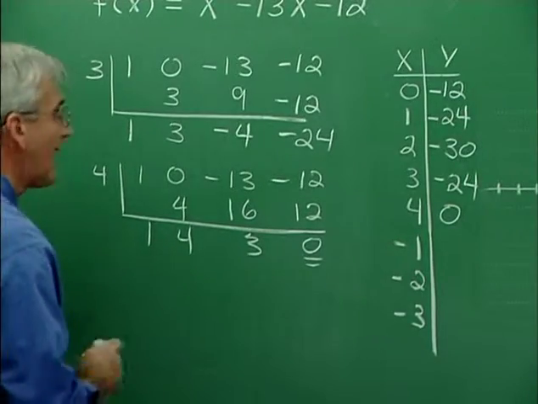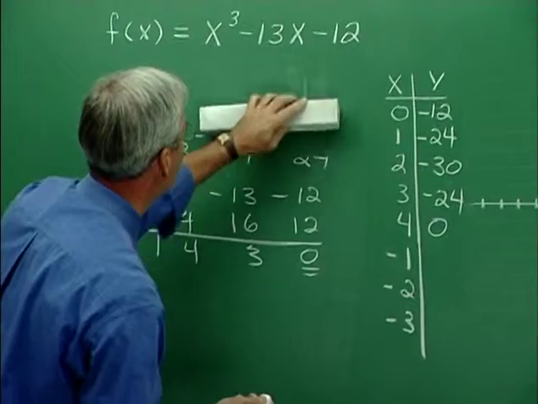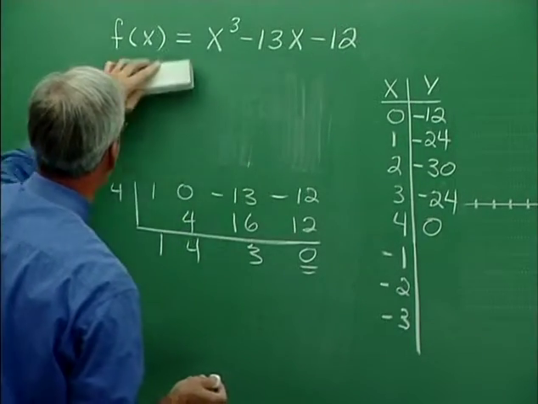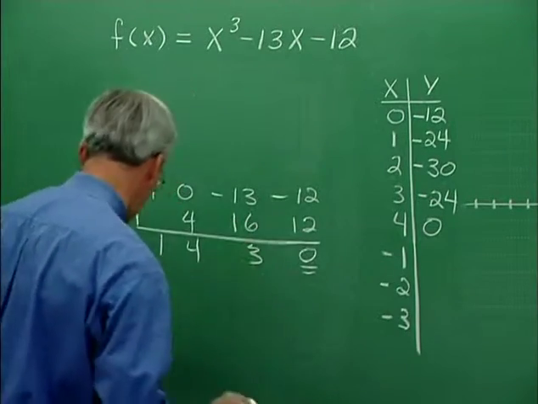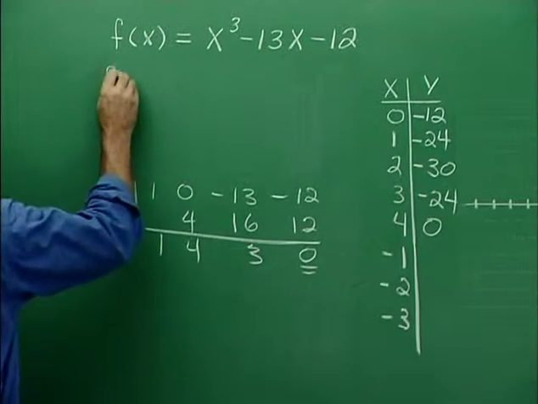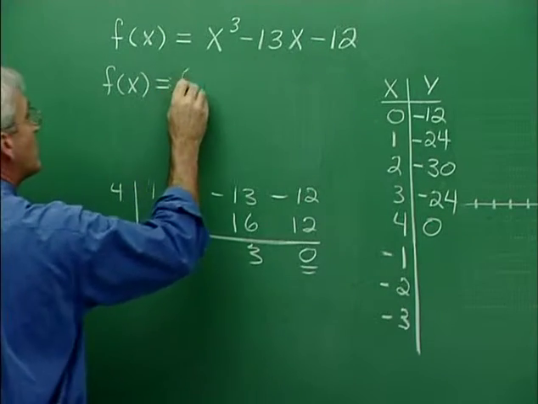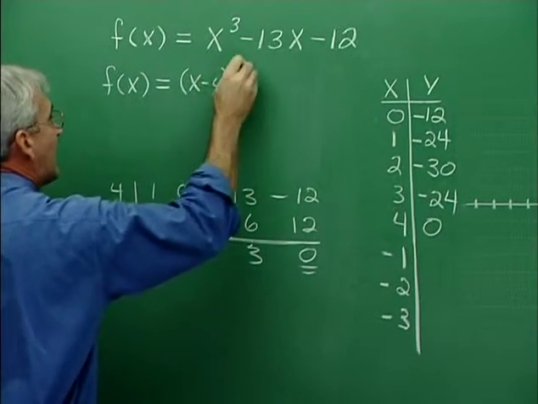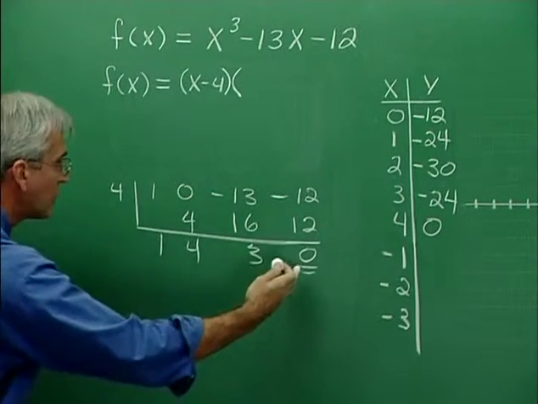And so we can write a factored form here if we want to. Let me just erase this top part here, and I can then write f of x in at least partially factored form. I can write f of x as, let's see, 4 is a 0, so x minus 4 is a factor, and the other factor is found as the answer in this synthetic division process.